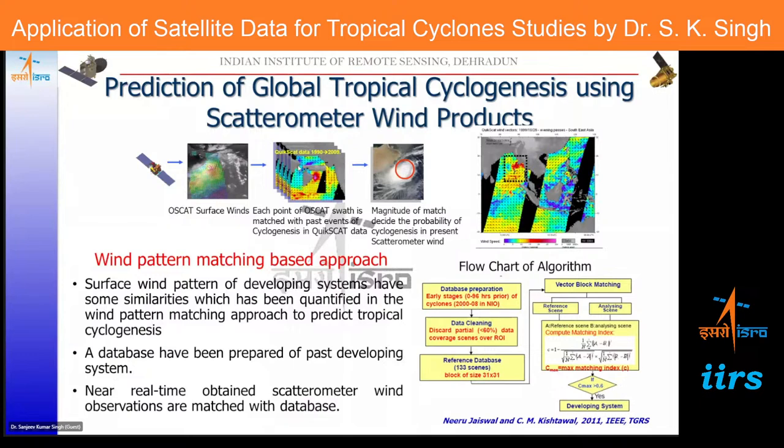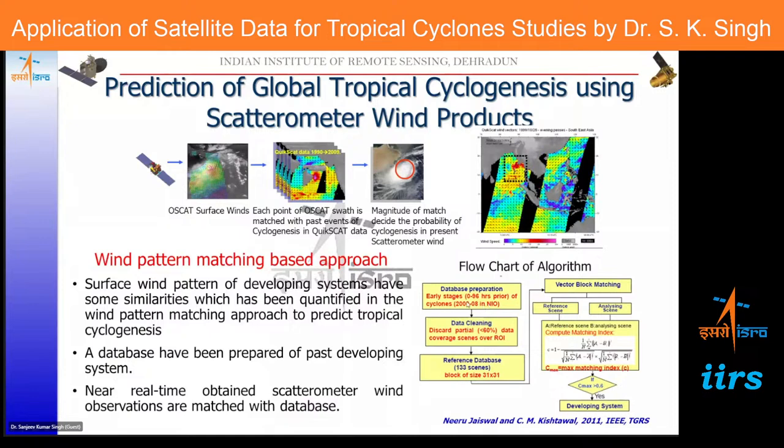They used QuikSCAT wind data. QuikSCAT is a foreign satellite similar to our SCATSat and OceanSat-3, and it provides wind information. They prepared the database during 2000 to 2008 over the North Indian Ocean.